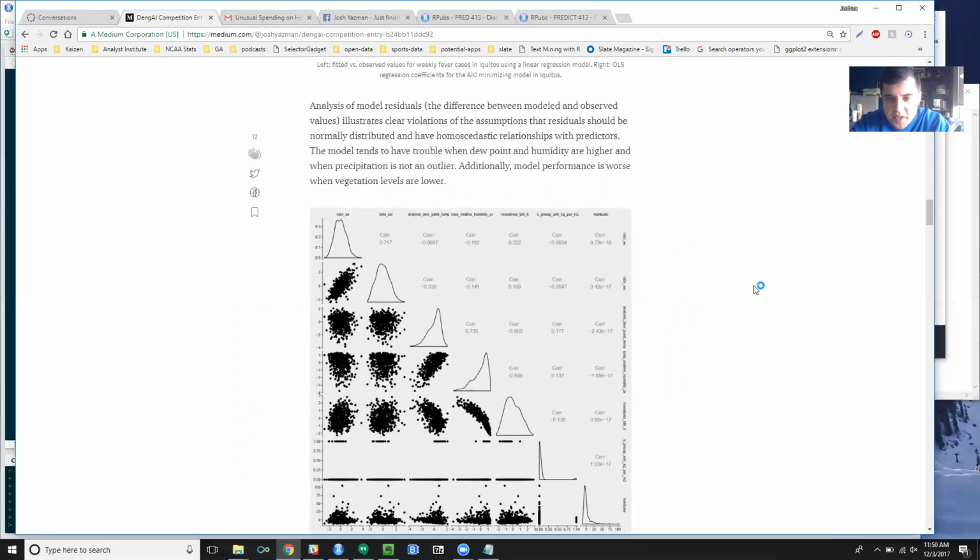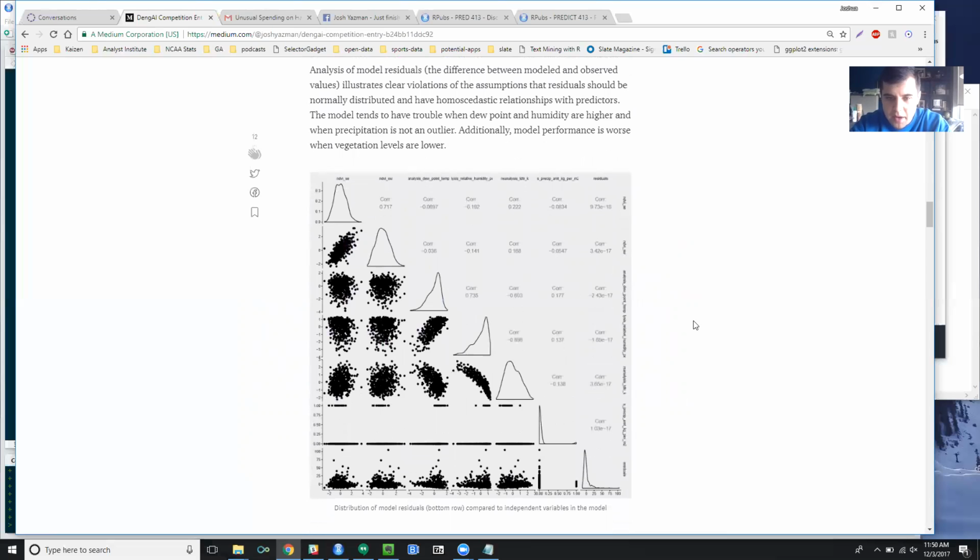So looking at the residuals of that model, there are some clear violations of the assumptions of linear regression, most notably the homoscedasticity assumption. So just about every predictor variable violates the assumption of homoscedasticity.